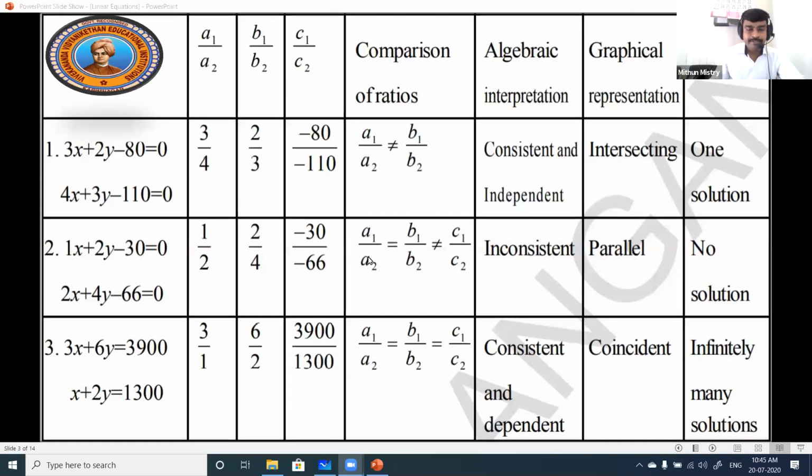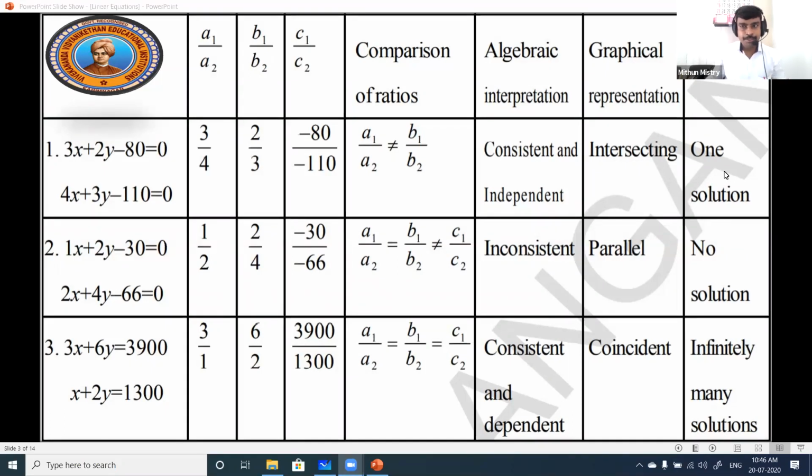And if a1 by a2 is equal to b1 by b2, and further it is not equal to the third ratio, c1 by c2, then we get parallel lines which don't have any solution. And third one, if all the ratios are equal, that is a1 by a2 is equal to b1 by b2 is equal to c1 by c2, then we get coincident lines. Coincident lines means the lines which are one above the other, right? And for that we have infinitely many solutions.